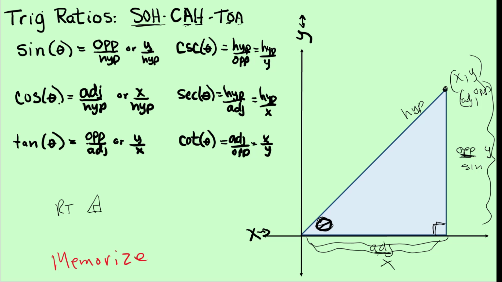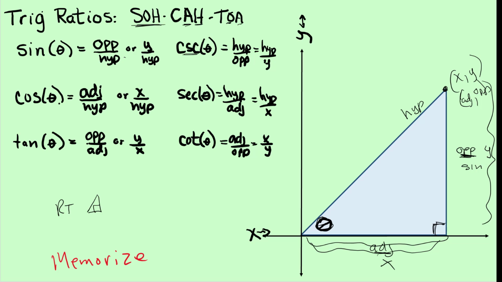Its inverse is cosecant, hypotenuse over opposite. Cosine is adjacent over hypotenuse, or x over hypotenuse. Its inverse is secant; look, they're reciprocals of each other. Hypotenuse over adjacent, or hypotenuse over x.